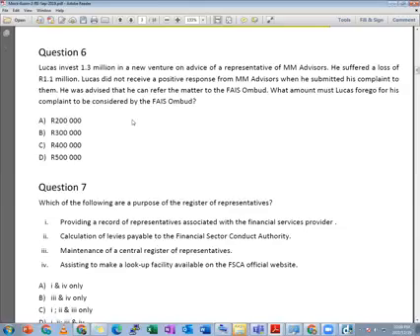So 1.1 million minus 800,000, it's 300,000, guys. Very simple and straightforward. So this guy will be paid 800,000. This means that the 300,000 rand will be forgone, because we have done the FAIS Ombudsman in the class and we have explained that the FAIS Ombudsman will do a payout to a maximum of 800,000 rand.